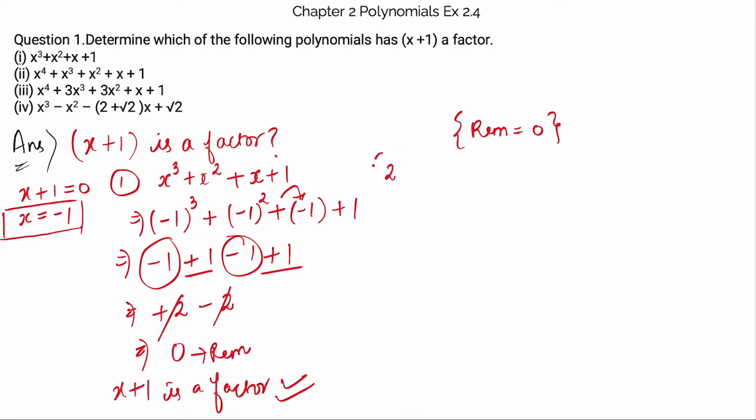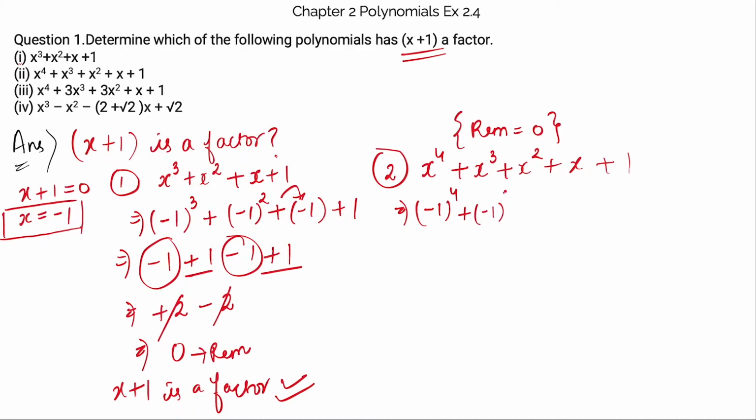Coming on to the second part, x to the power 4 plus x cube plus x square plus x plus 1. Putting x equals to minus 1 again, because there is only one divisor for all the parts. So minus 1 to the power 4 plus minus 1 cube plus minus 1 square. It is very simple, you just need to put the value. Minus 1 to the power 4 will give us plus 1.